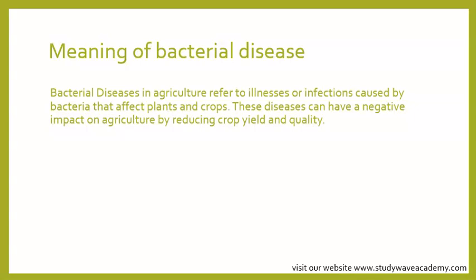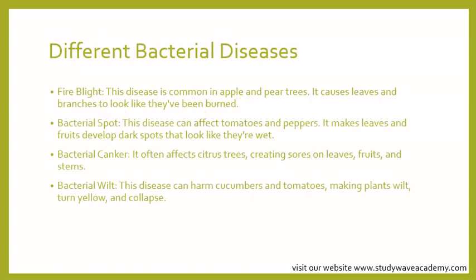So bacterial diseases are illnesses in plants caused by tiny living things called bacteria. These illnesses can harm crops and make them sick. So we're going to be looking at different bacterial diseases.